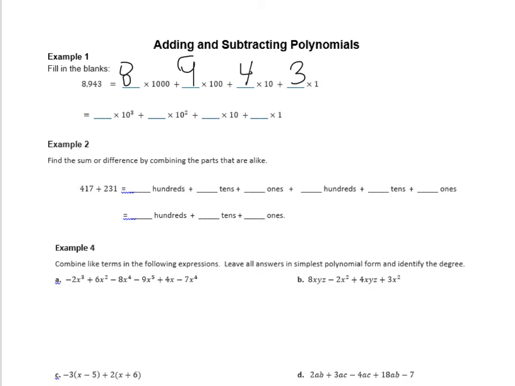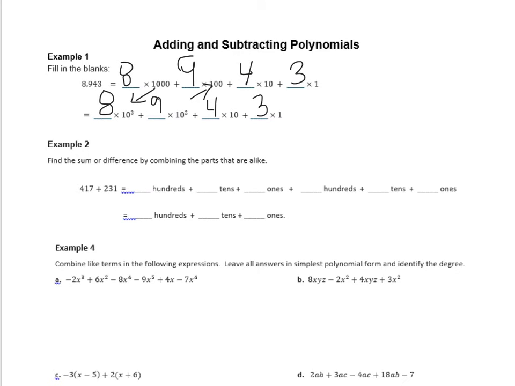Now the power of 10 that's equal to 1,000 is 10 to the third, so we could also write this as 8 times 10 to the third plus 9 times 10 squared, because those two are equivalent, plus 4 times 10 to the first, plus 3 times 1.